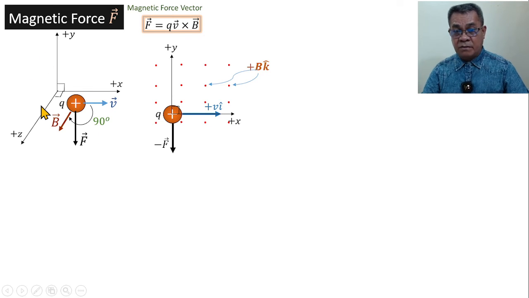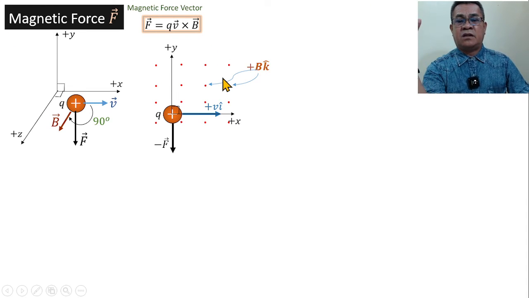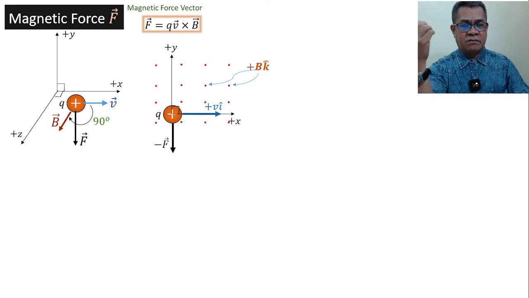Most of the time in our problems, we are working in 2 dimensions. The book of Young and Freedman always illustrates problems in a 2-dimensional figure, but it can be analyzed in 3D. Why 3D? Because xy is the plane of the paper, and towards or out of the paper is our z-axis. Now the z-axis can be the velocity, or the force, or the magnetic field.